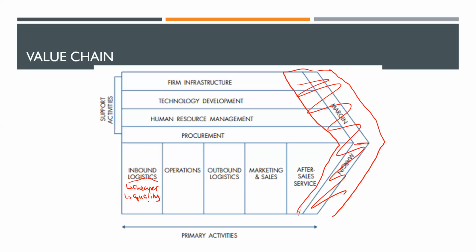Outbound logistics is about how I deliver my product to the customer. And this is, for example, about time it takes. Let's say if I'm ordering a cake, I want it to be made within a day and not within a month. So this is what outbound logistics means.